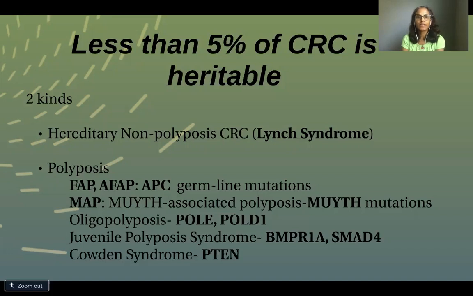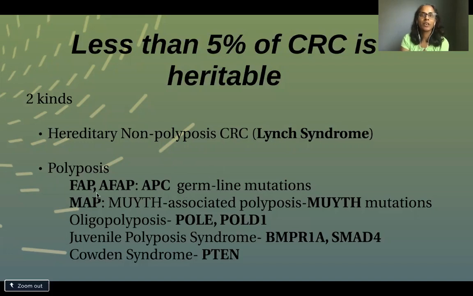And the other one is known as polyposis, which is characterized by a large number of polyps found in the intestine of affected individuals. I've listed a few conditions known as FAP and AFAP, which is due to germline mutations in APC.